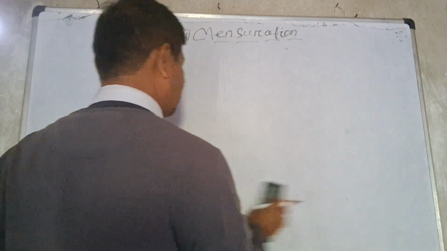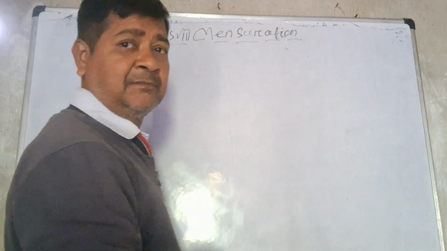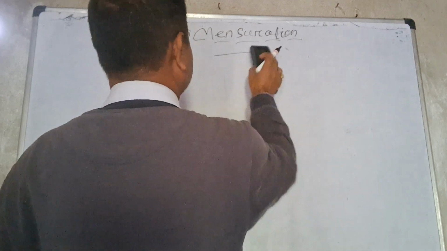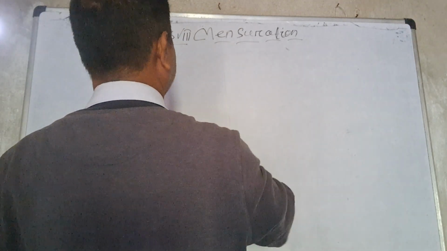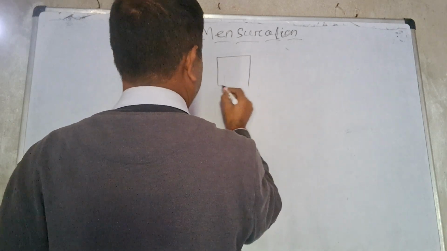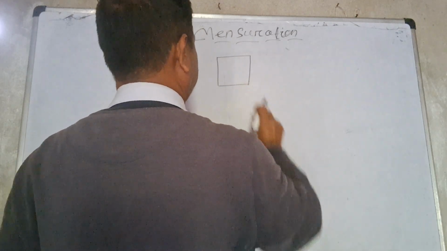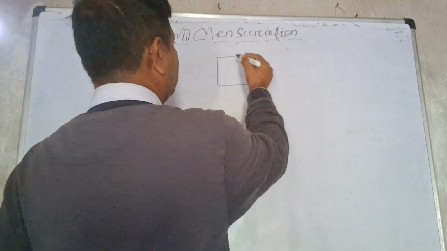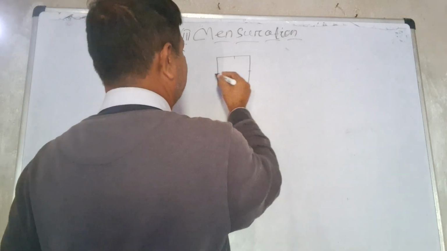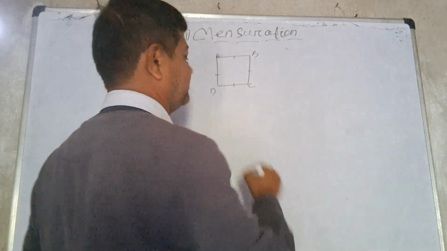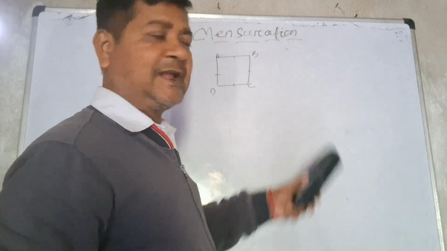Then another polygon. A quadrilateral also, a four-sided polygon named square. Do you know square? All four sides and four angles are equal, slightly different from your rectangle. Opposite sides are equal in the rectangle, but here all four sides are equal. ABCD, all sides are equal.